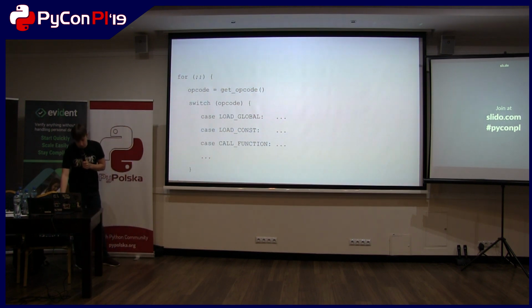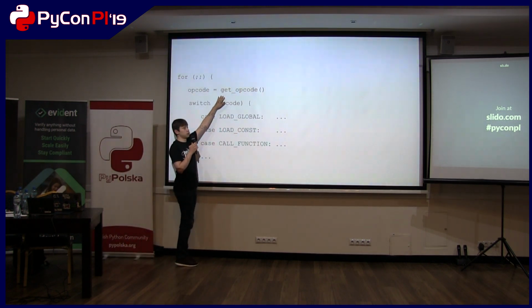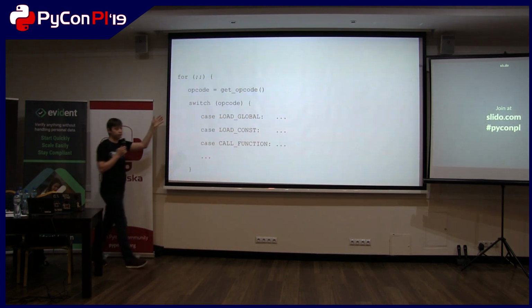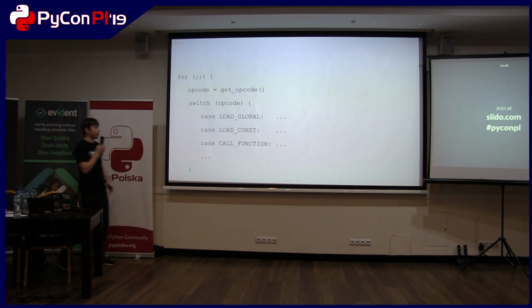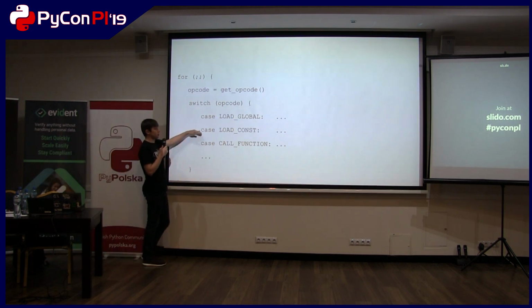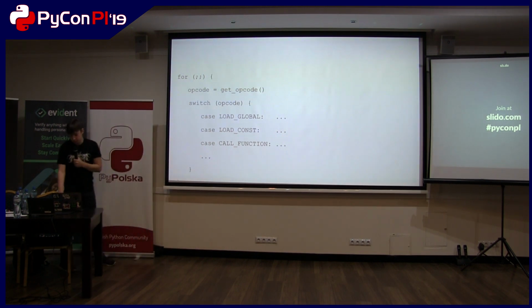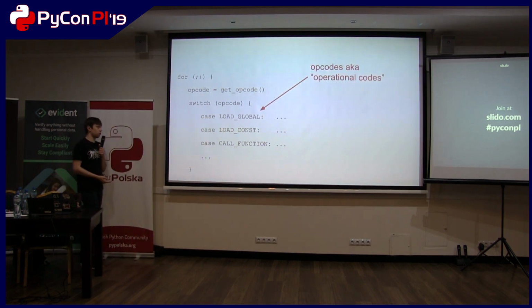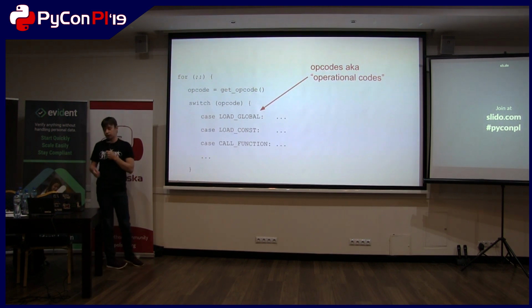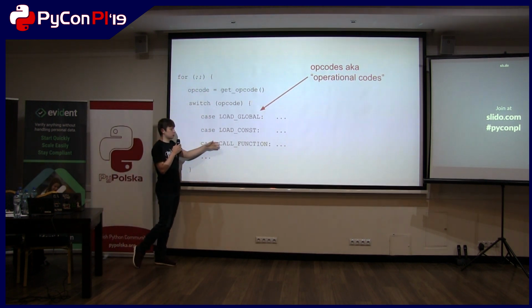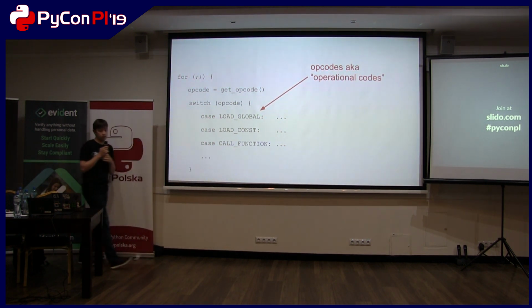This loop first gets an opcode, which is the code of the operation that is supposed to be executed, and then it switches, or dispatches, the logic based on this opcode. There are many different opcodes for a given CPython version, because the opcodes might differ between versions. For example, there is LOAD_GLOBAL, LOAD_CONST, or function, which we'll also see later on.